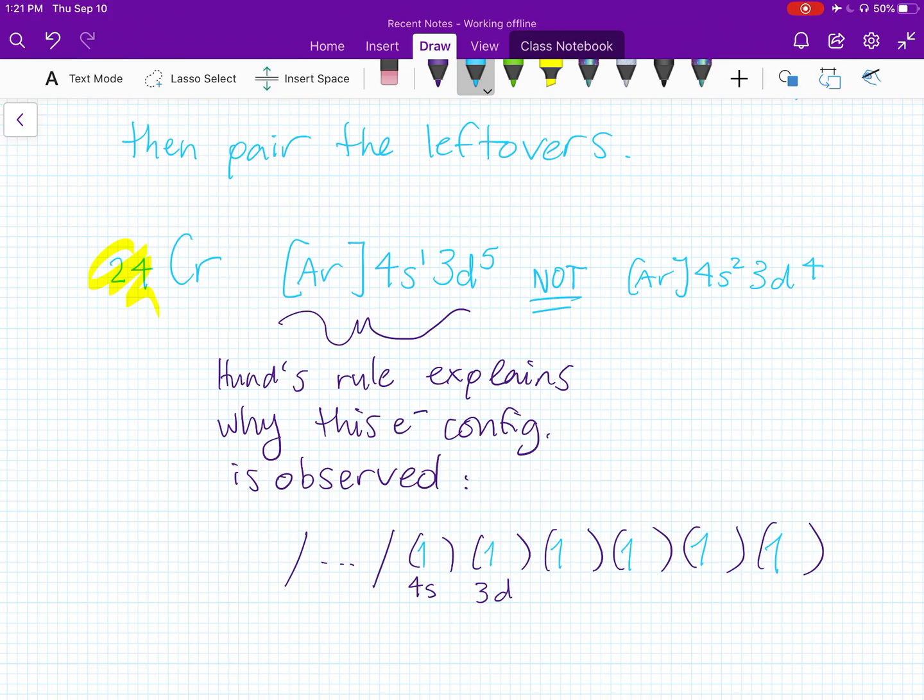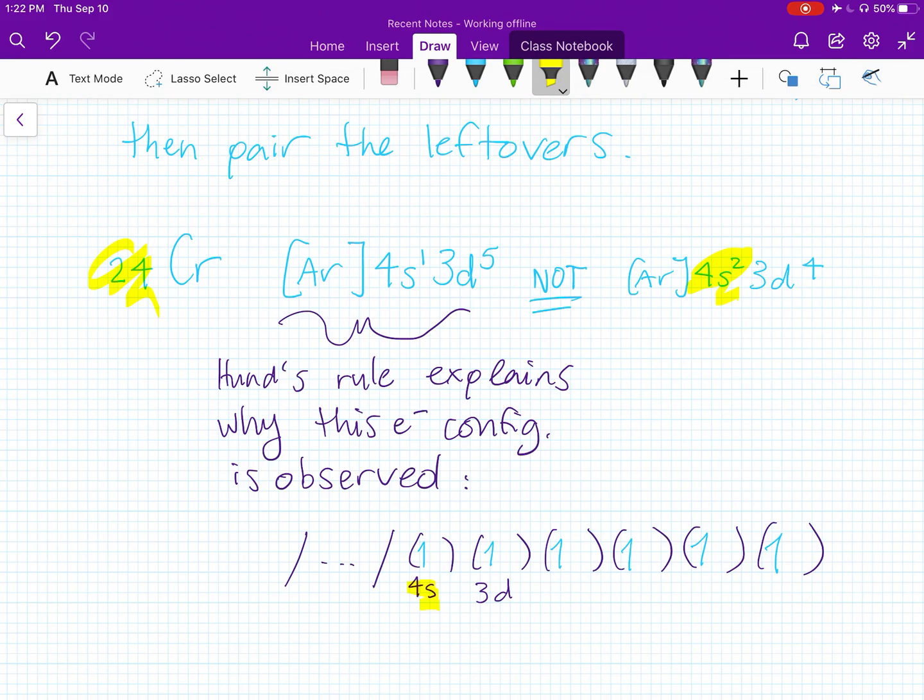The reason why this one dominates is because imagine if I were going to put both electrons in the 4s subshell here. The cost of spin pairing those electrons, the energetic cost of putting them in that same orbital, exceeds the difference between the 4s and the 3d subshells.